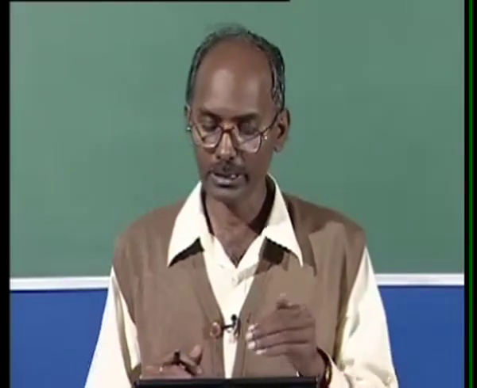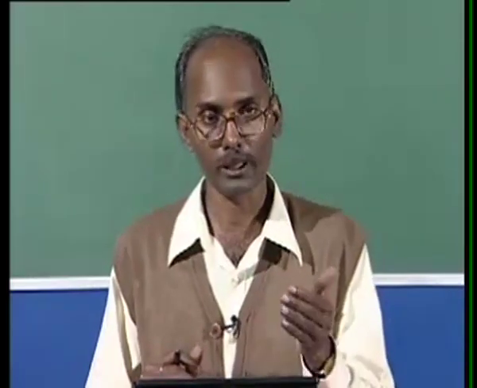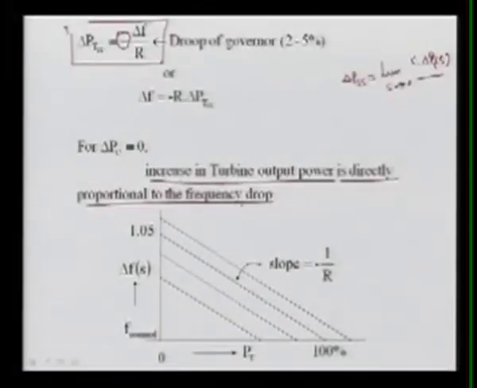So whenever there is an increase in the frequency, then turbine power must fall. Here the change in frequency is positive, then the change in the turbine output is negative. So it is vice versa. In other words, if your system frequency increases, then your turbine power output will reduce.